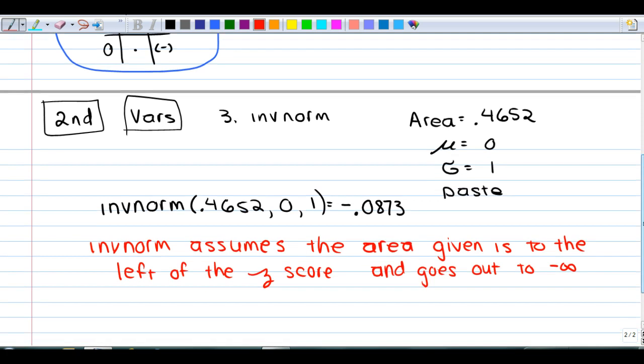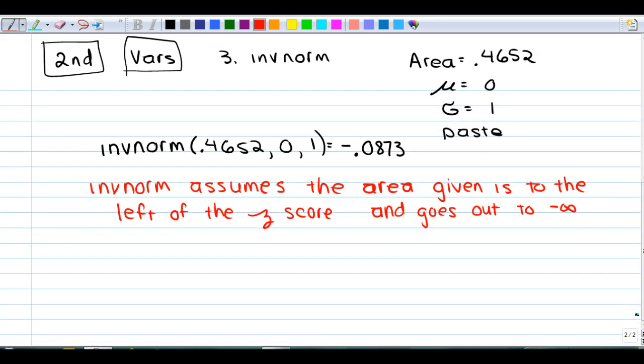It never, never, never assumes to the right.